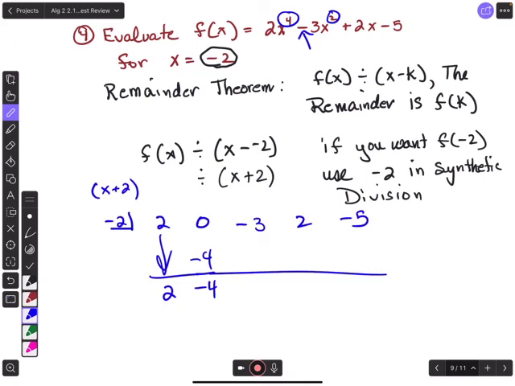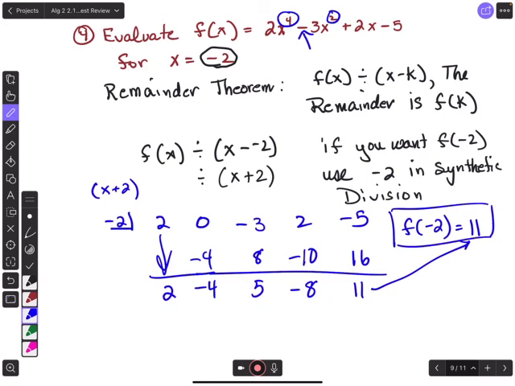When we add, then negative 2 times negative 4 is 8, that's 5, and that's 2, negative 4, okay, negative 10, it's negative 8, that's 16, and that is 11. So the f of negative 2 looks like it is 11, the remainder.